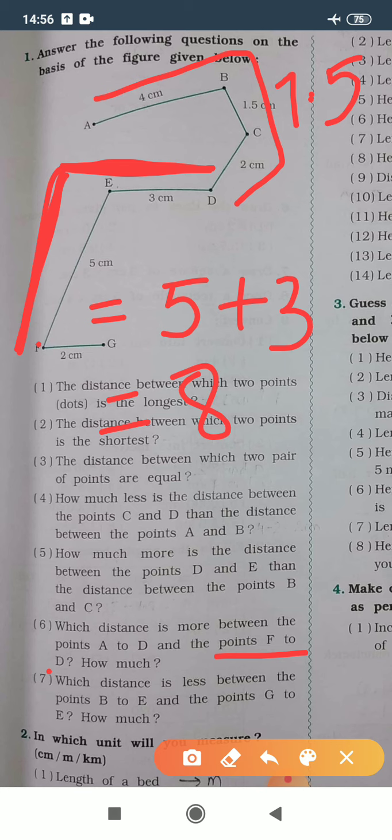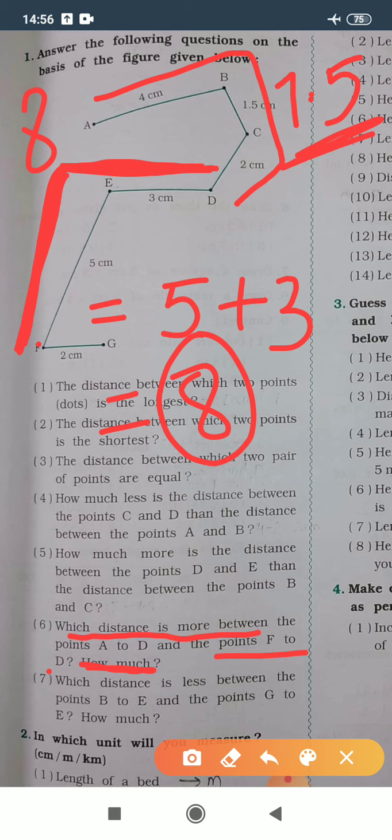So the distance from F to D gives you 8. So what is our question? Which distance is more? So the distance from F to D is more. And the next question is how much? For that we need to subtract these two numbers.